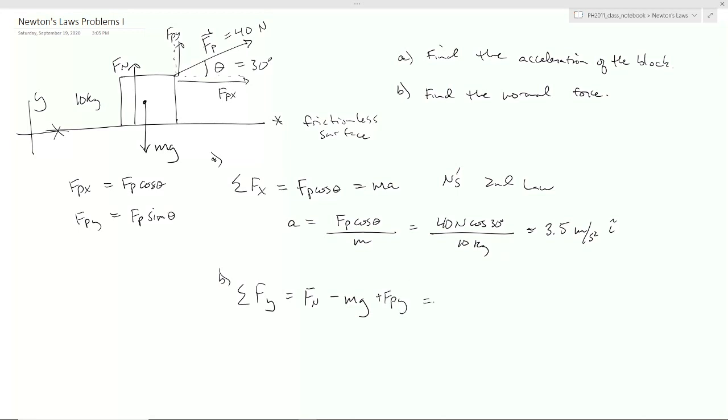Now, this is going to equal the mass times acceleration in general, but this will be 0 because it's not accelerating in the y direction. We can then solve this for the normal force. Substitute in what Fpy is: Fp sine theta.